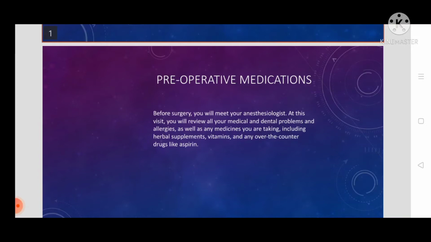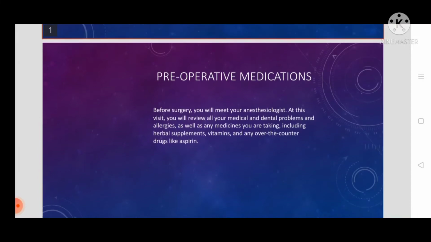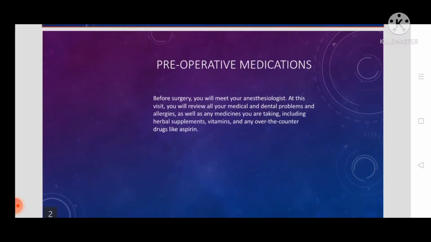So be sure to tell your anesthesiologist whether you take illegal drugs or smoke or drink alcohol, as all of these substances may affect how well you heal from your surgery and how well the anesthesia works in your body.